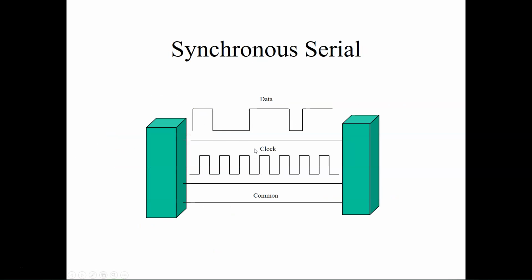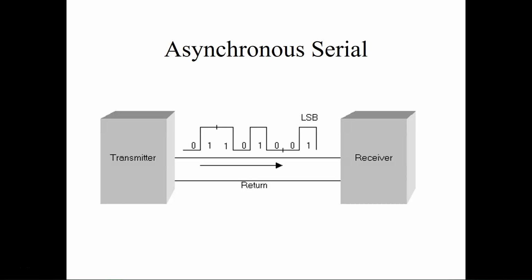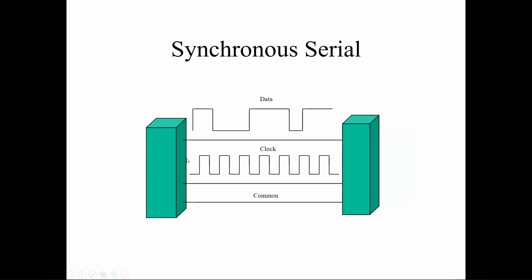So this is a serial signal. You have your common pieces: your clock that's sending the signal back and forth, and your data that's coming in and out with that clock. Then you have what's called an asynchronous signal, because if you look at these signals, they're just about the same right here on the clock.